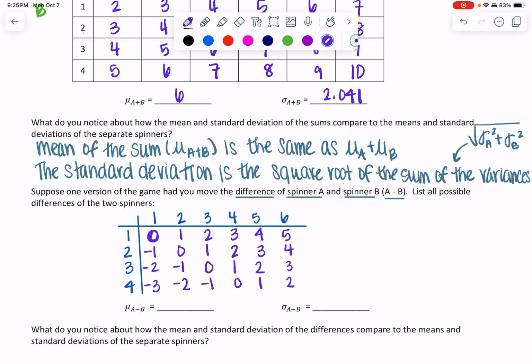But we are going to enter this. This is a time you might need to pause. I'm going to put all these numbers into stat edit, and I am going to calculate my mean and standard deviation.